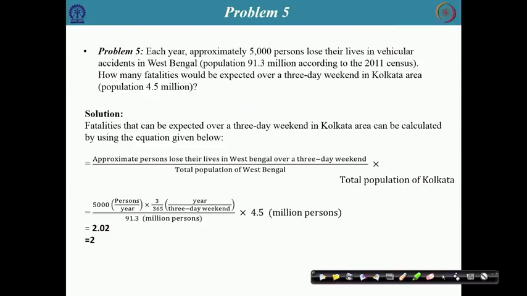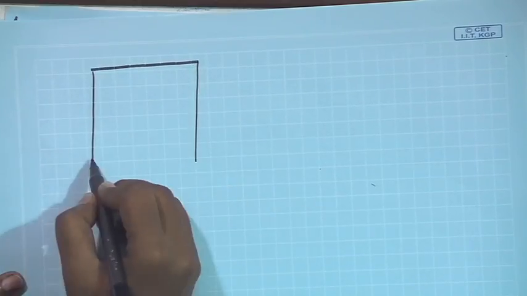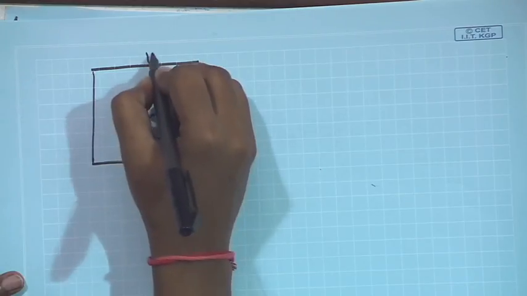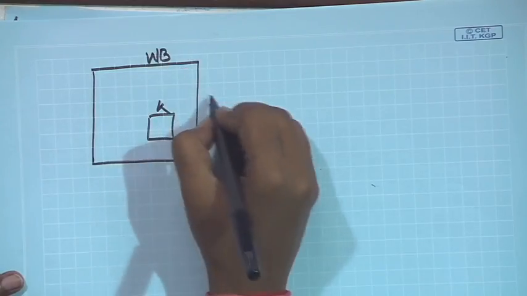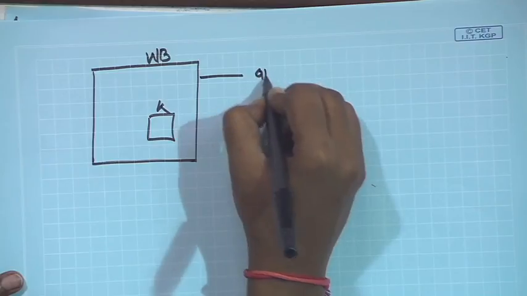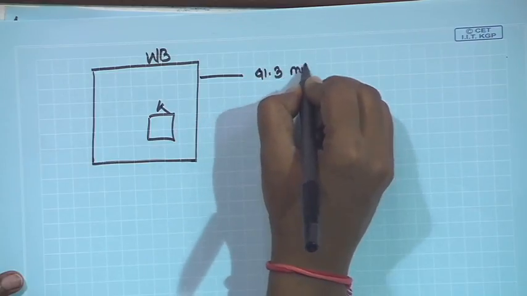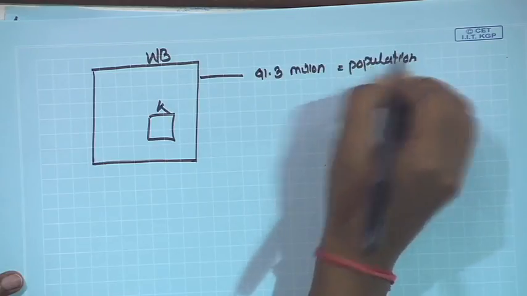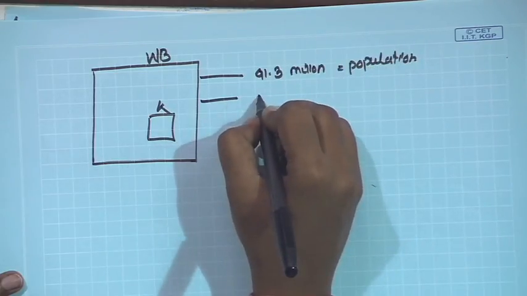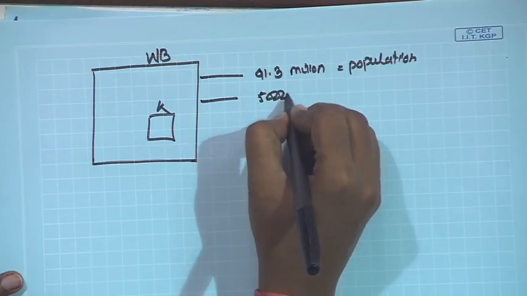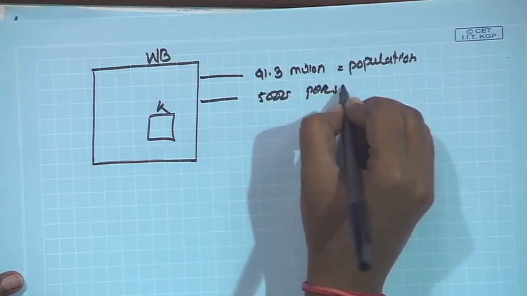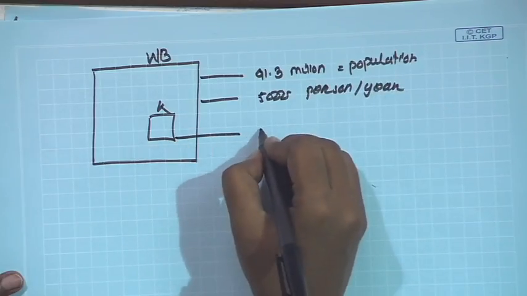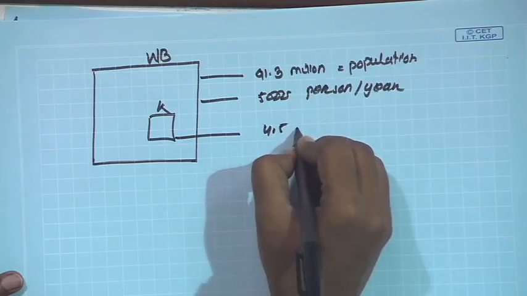So, in this question, suppose this is West Bengal and this is Kolkata, and West Bengal's population is 91.3 million, and its vehicular accident rate is 5,000 persons per year, and in Kolkata its population is 4.5 million.